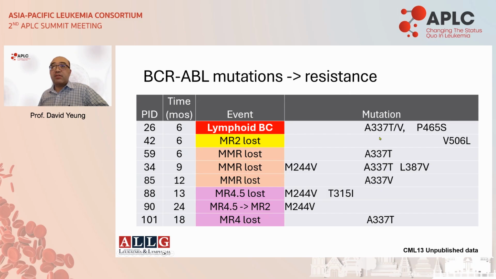You can see that the 337 and the 244 seem to be the Achilles heel of resistant mutations with asciminib. We also saw a 315. The majority of these patients were then treated with dasatinib, and we're awaiting further data. The patient with the lymphoid blast crisis had induction chemotherapy and then was transplanted.